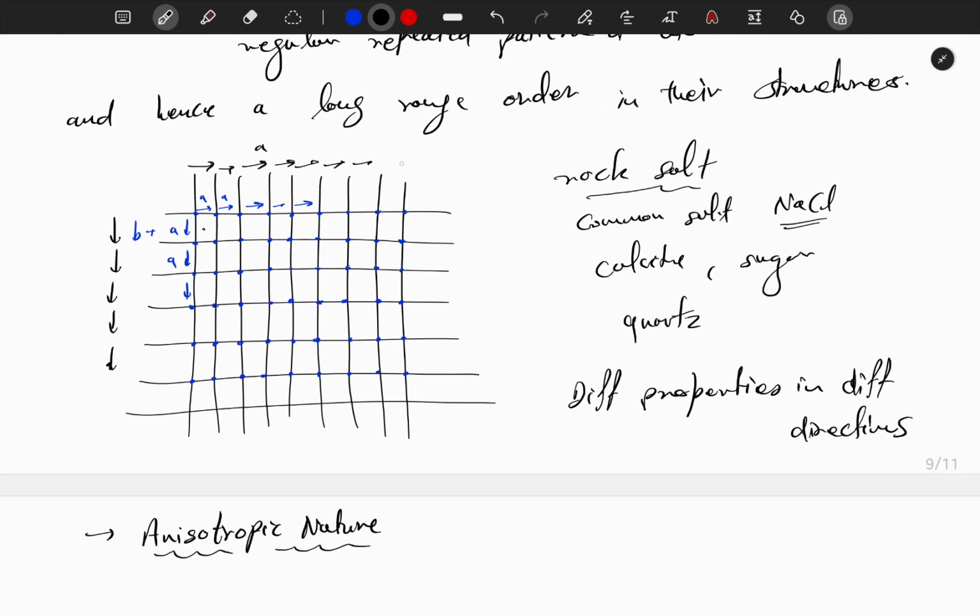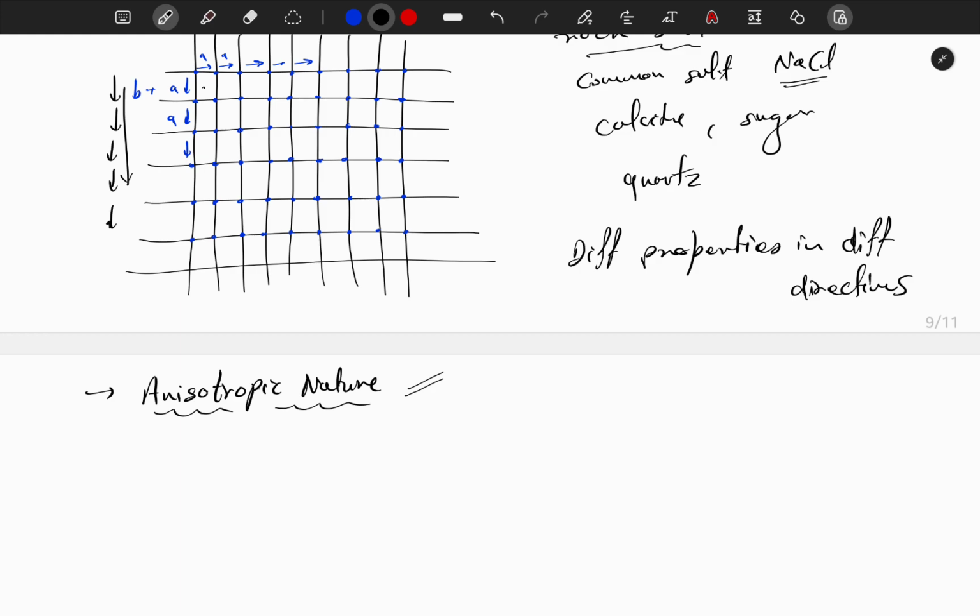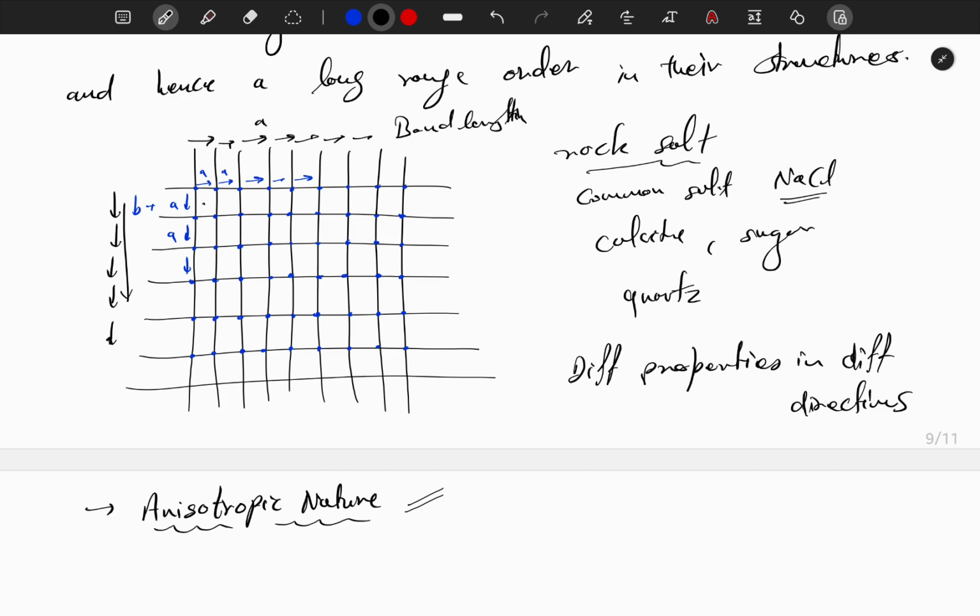For example, the bond length here is a in this horizontal direction, but the bond length is b in this vertical direction. So if you look into different directions, they will show different properties.